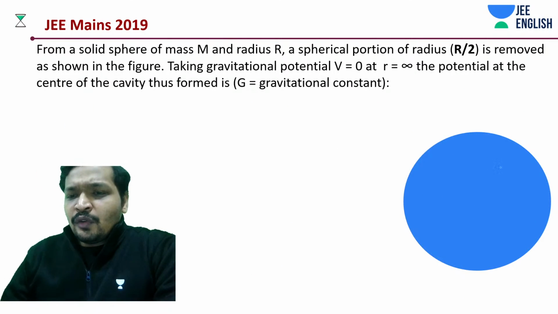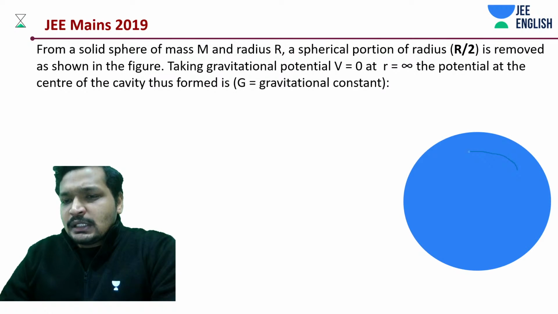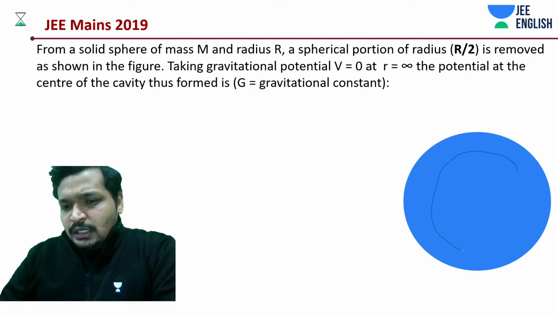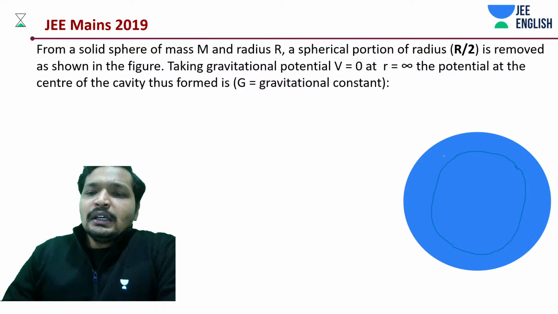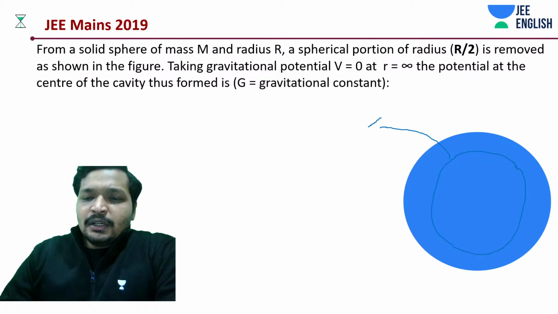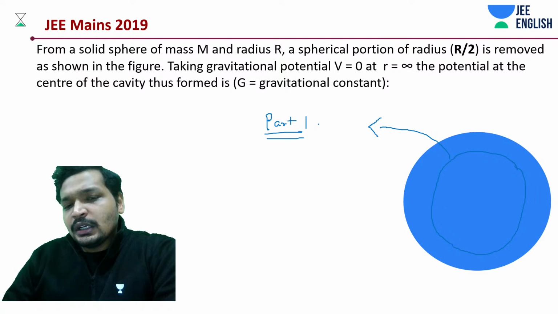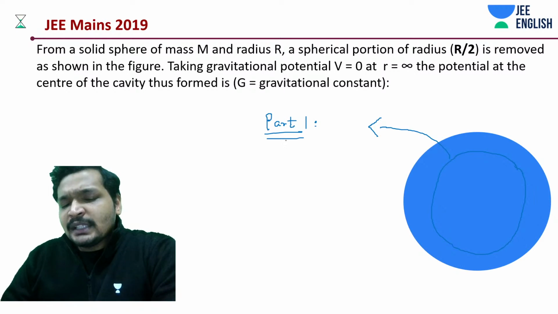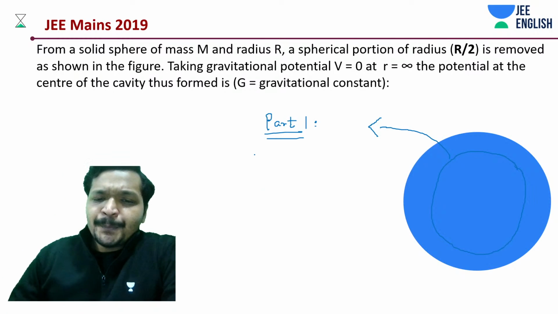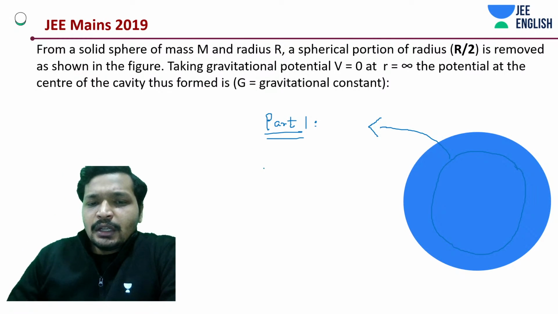So now we are discussing this part 1. Why am I dividing it into 2 parts? Because if you have been given some density function, you can still make use of this method, and it would still work.